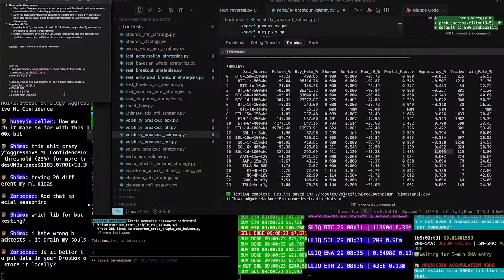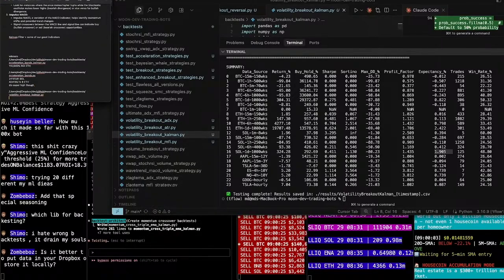So let's go ahead and put that one in our winners file, just so I know which ones do well. $197.07 on ETH.